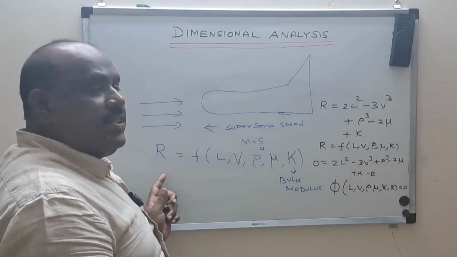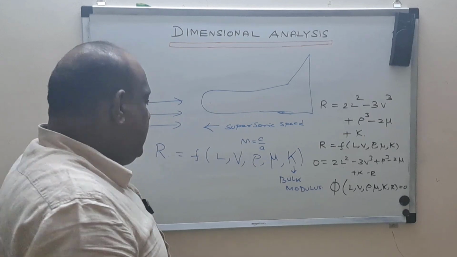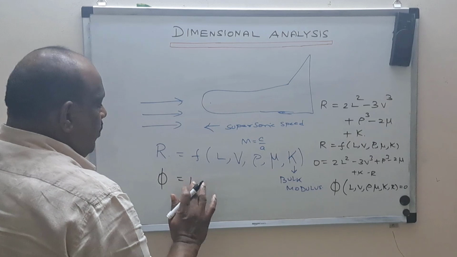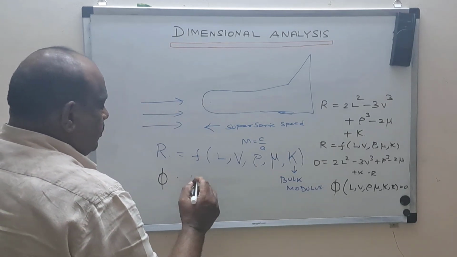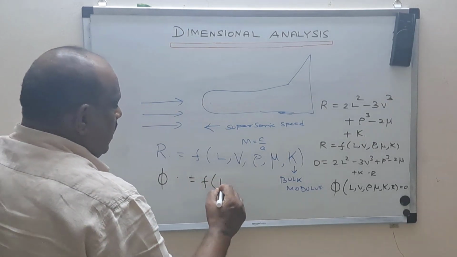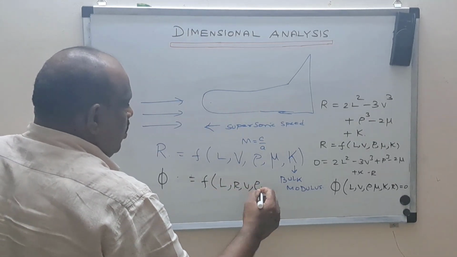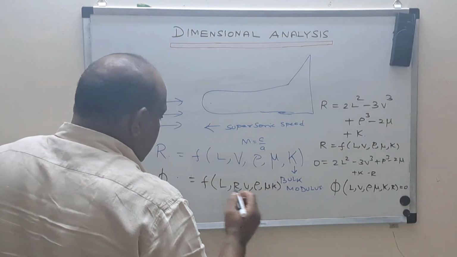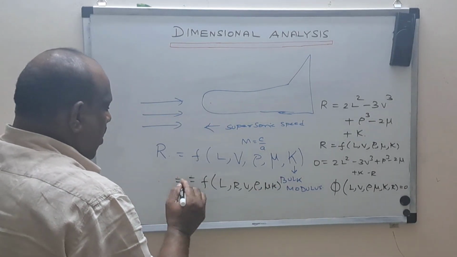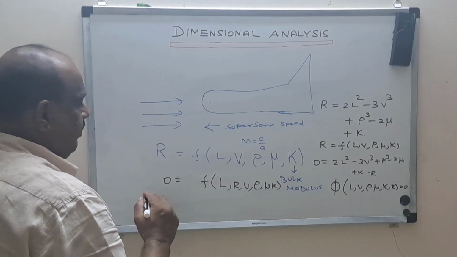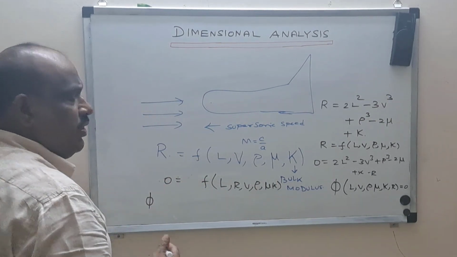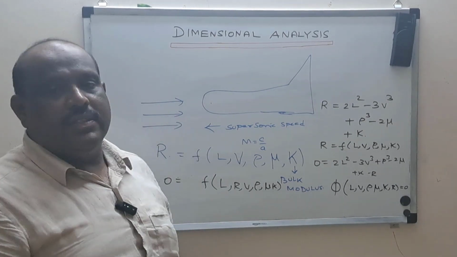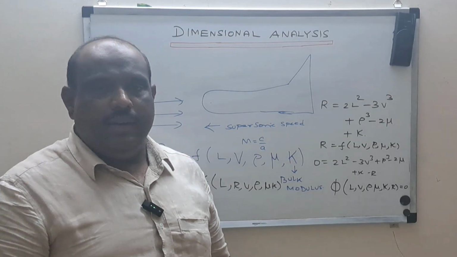So if we have a function R as a function of these variables, then I can write another function, say phi, which will be a function of L, R, V, rho, mu and k. This function value will be equal to 0. Let us say that function is phi, because phi depends upon the various variables, including the dependent variable.